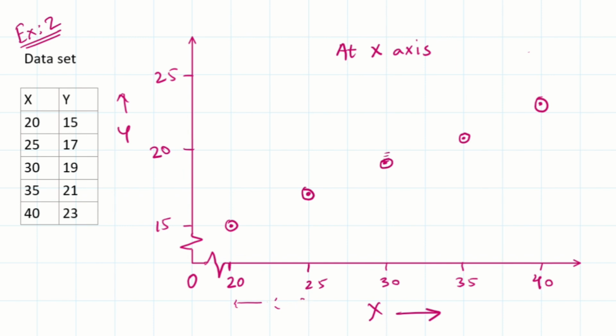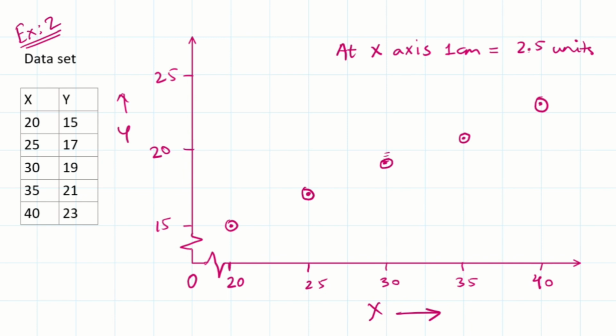So 2 centimeters equal 5 units, and 1 centimeter would be equal to 2.5 units. So you can write it both ways. I'll be writing it like this, that 1 centimeter is equal to 2.5 units.